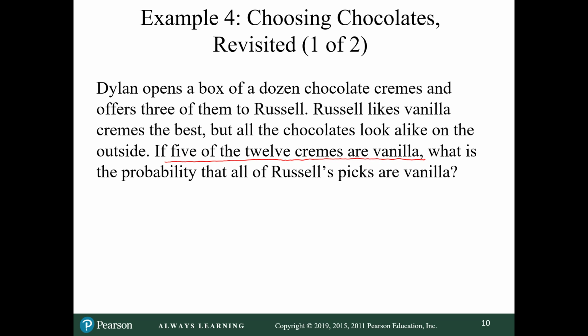All right, so Russell's first choice. What's the probability of him choosing a vanilla cream? There are 5 vanillas out of the 12, so it's 5 out of 12.